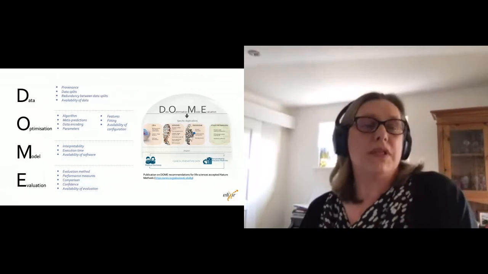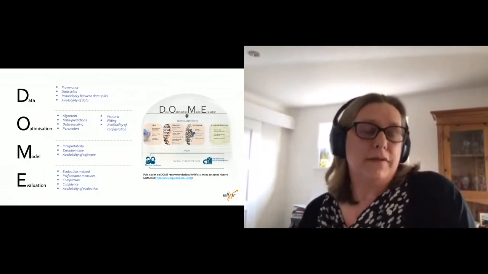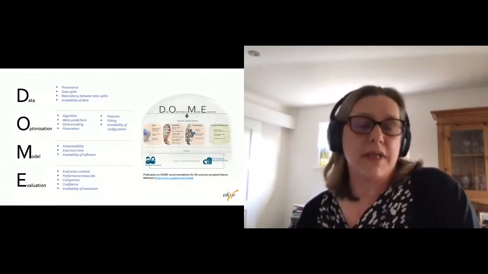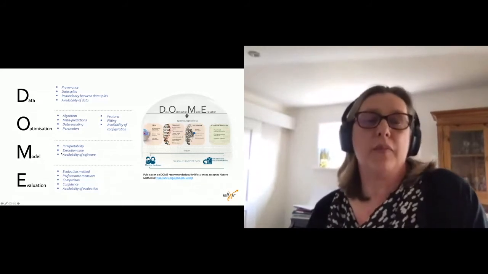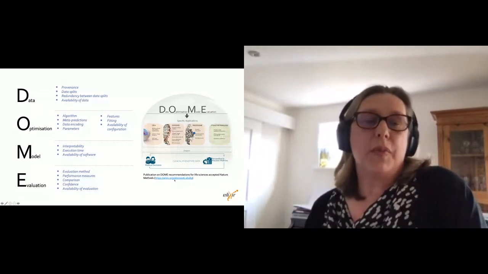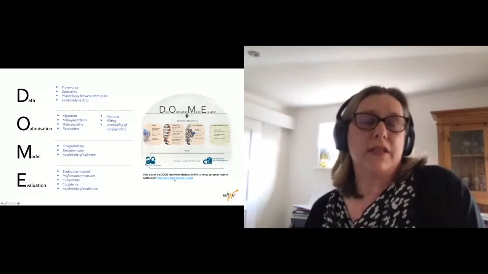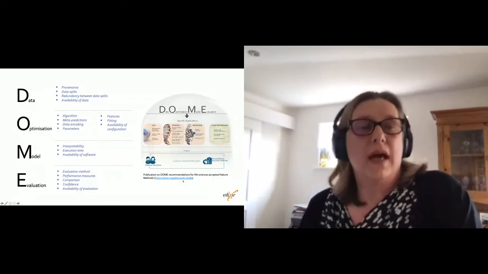And so we've come up with the DOME recommendations that stand for data, optimization, model, and evaluation. I'm not going to go into great detail here because I haven't got the time, but we have got the publication in arXiv, and the link is on the slides that you'll be able to look at later.